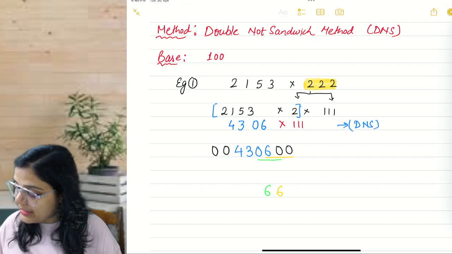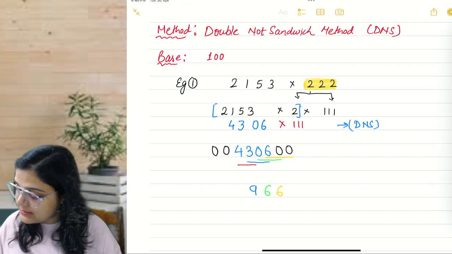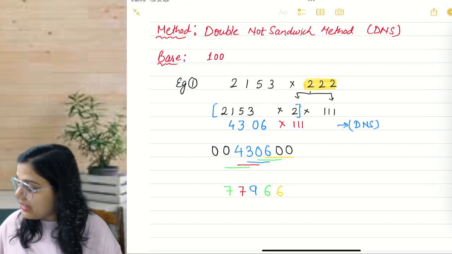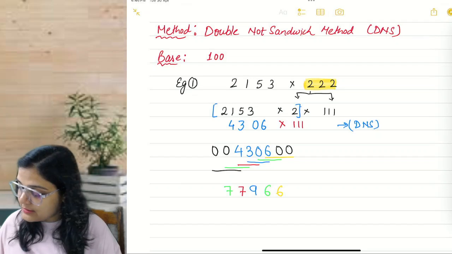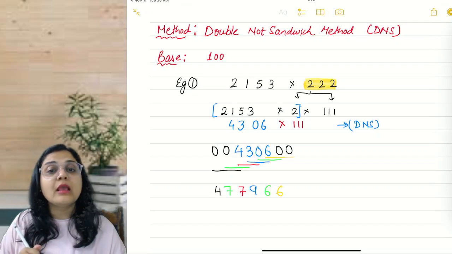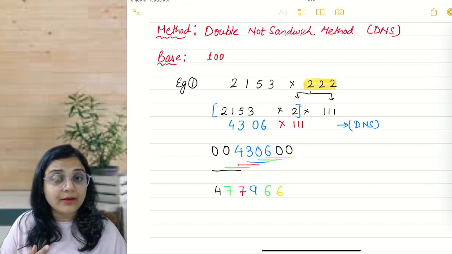Then the next 3 digits. The sum is 9. Then the next 3 digits. The sum is 7. Then the next 3 digits. The sum is again 7. And finally I will add the last 3 digits. The sum is 4.